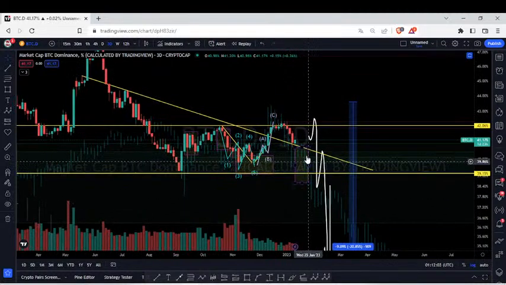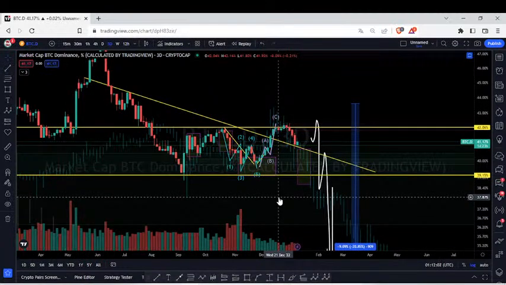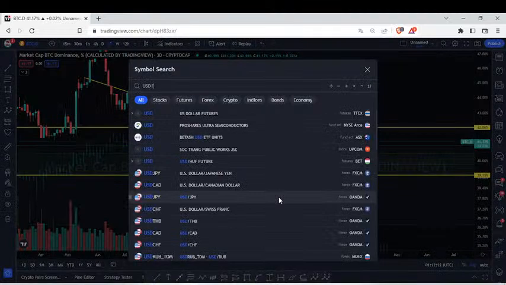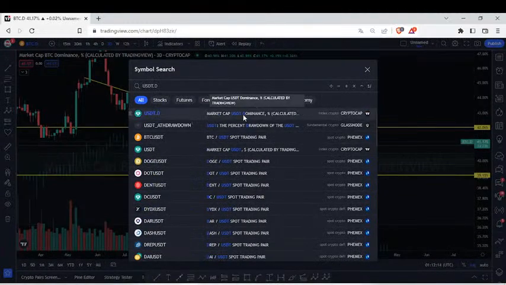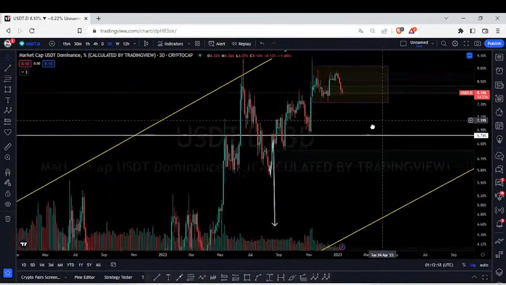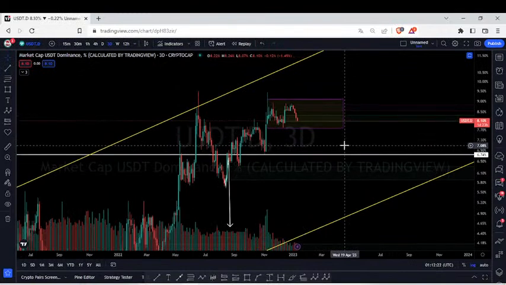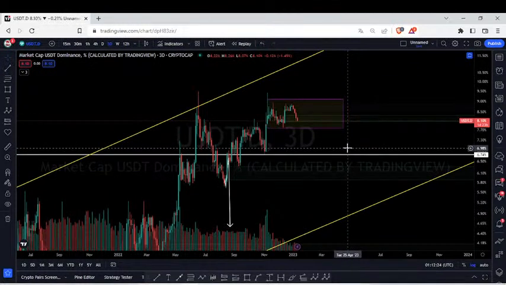But do watch this 40% level. Looking at the Bitcoin dominance and the USDT dominance, I did buy a few altcoins. Even though I was skeptical of a major ALTSEASON like in the bull market, I still bought something. Even if they don't do 150%, it's good for accumulation.